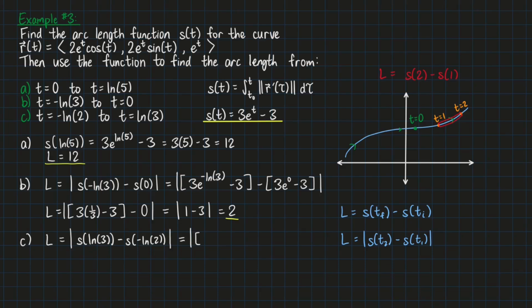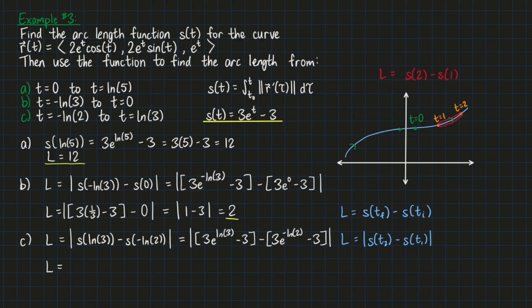So s of ln of 3 is 3 times e to the ln of 3 minus 3. And then we subtract this with s of negative ln of 2, which is 3 times e raised to the negative ln of 2 minus 3.